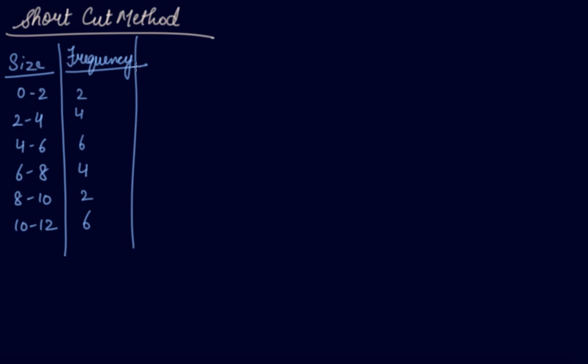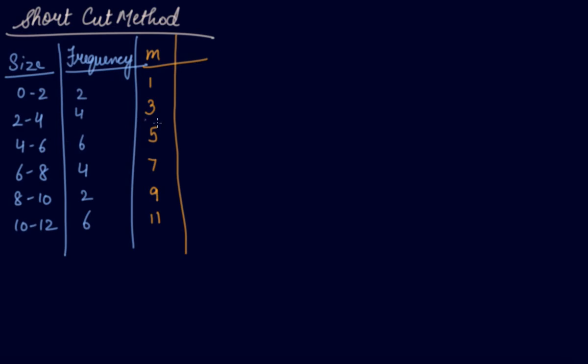Now this is the question, and we will be learning the shortcut method. First of all, we will find the mid values 1, 3, 5, 7, 9 and 11. After finding the mid values, we will take the assumed mean from the mid values.